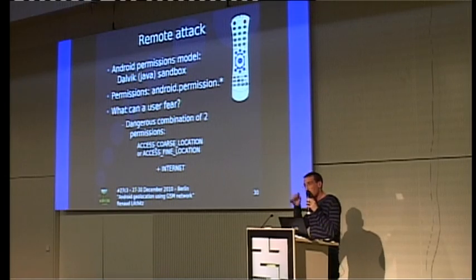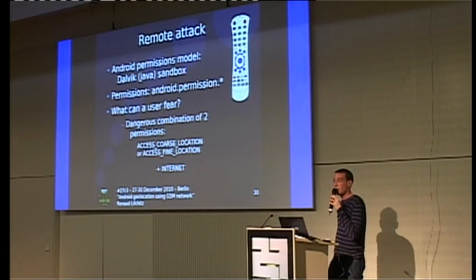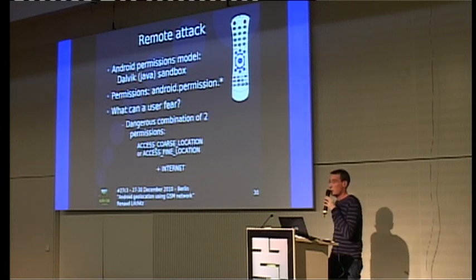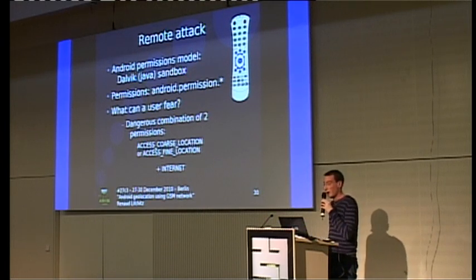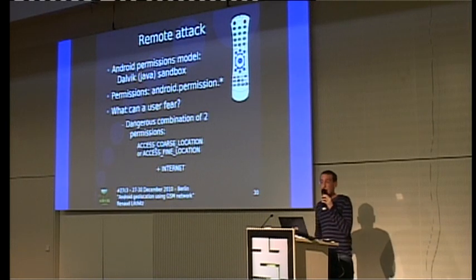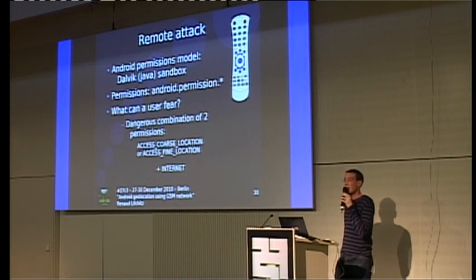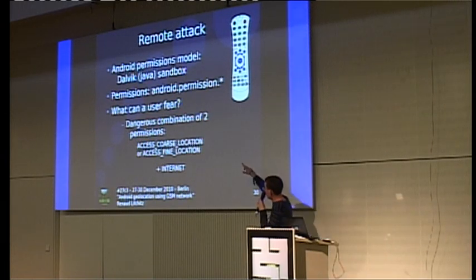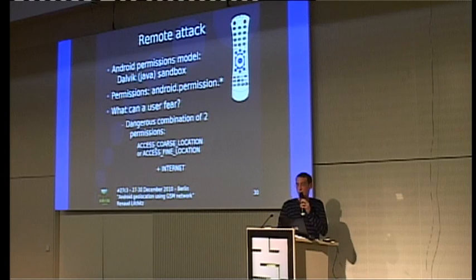What can a user fear if he doesn't want to be located? You will carefully look at permissions for location, like ACCESS_FINE_LOCATION, which uses the GPS, for example, or ACCESS_COARSE_LOCATION, which uses the Wi-Fi or GSM network. Those are the 2 permissions to watch.